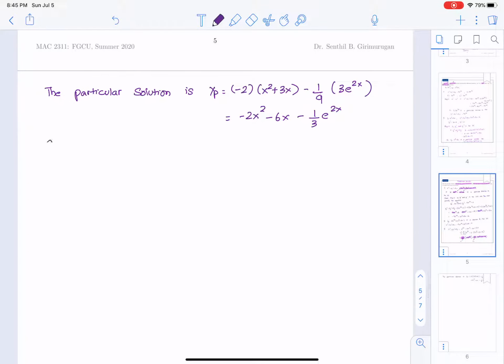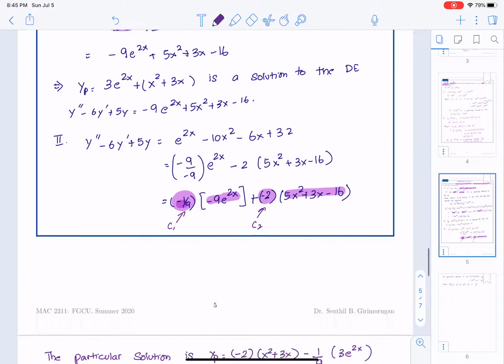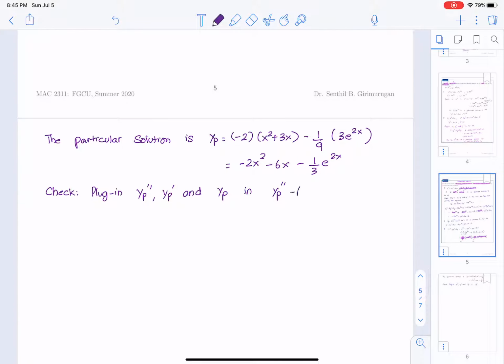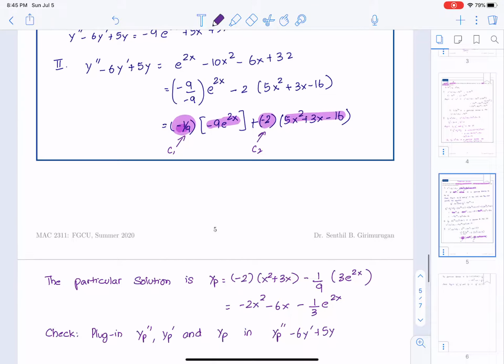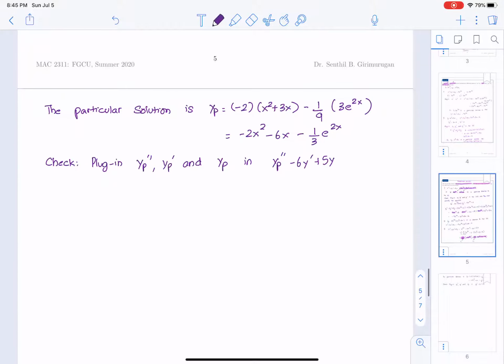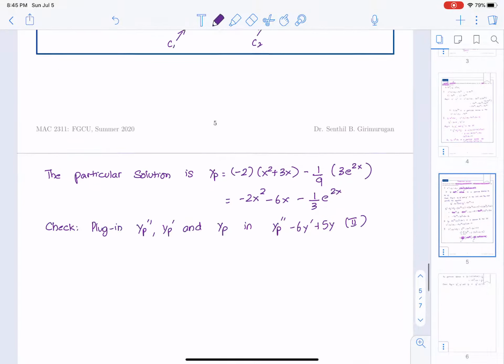Let's verify, so check. So plug in yp prime, yp double prime, and yp into y double prime minus 6y prime plus 5y, the second equation.